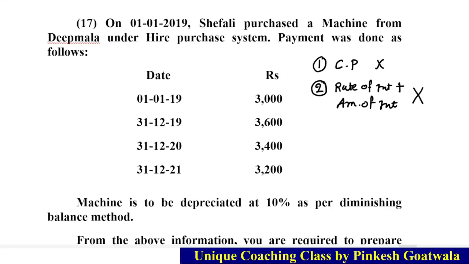No other twist points will come in it; the same points as in the previous video will come. And the third type remains. I already told you in a previous video that in a question cash price is not given, rate of interest plus amount of interest both have not been given.